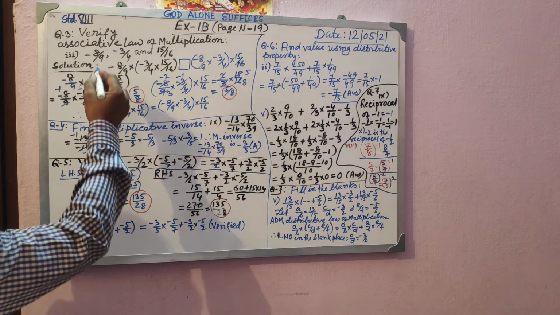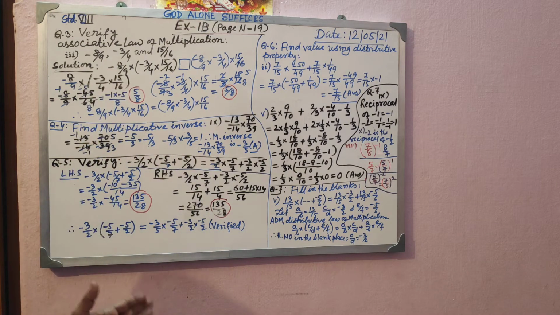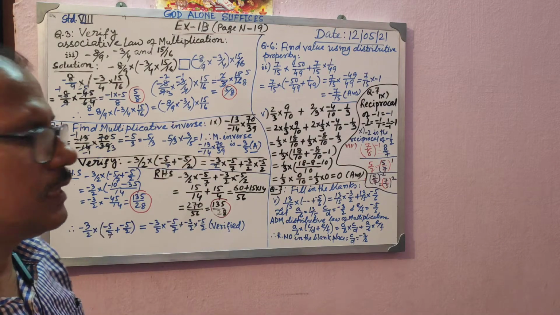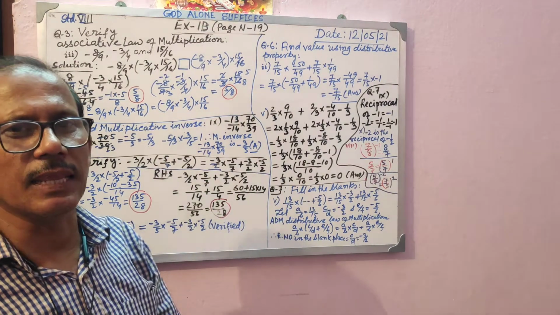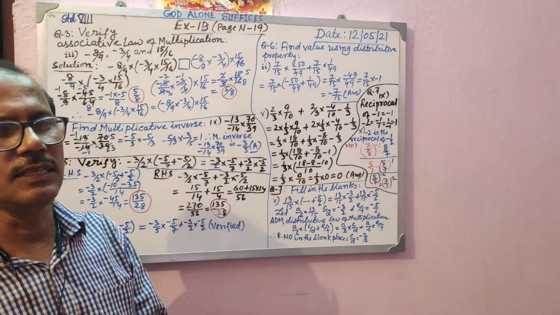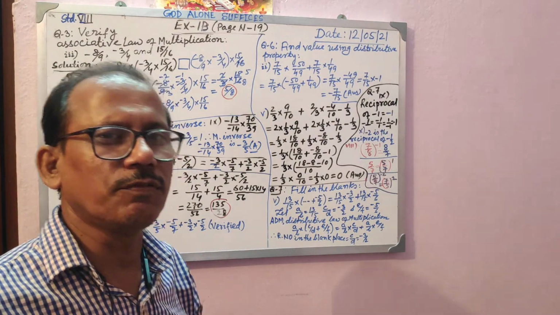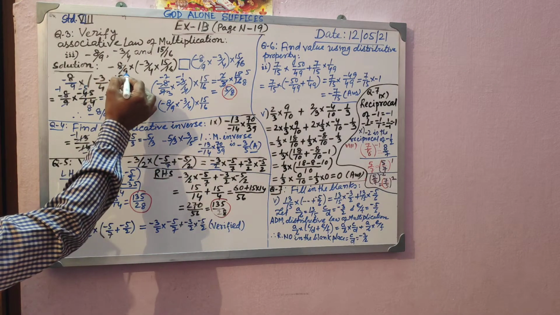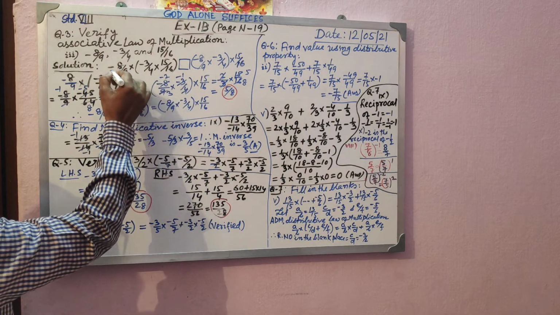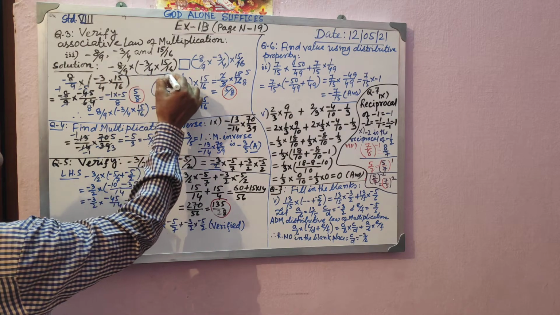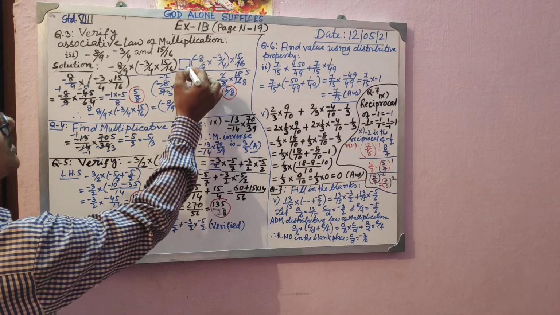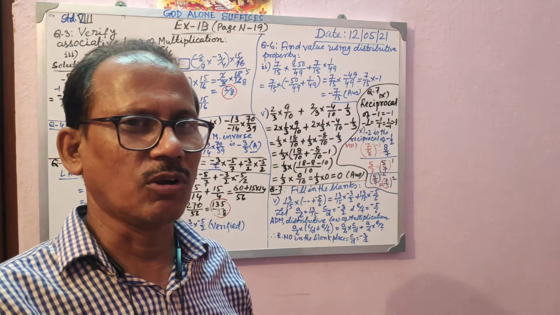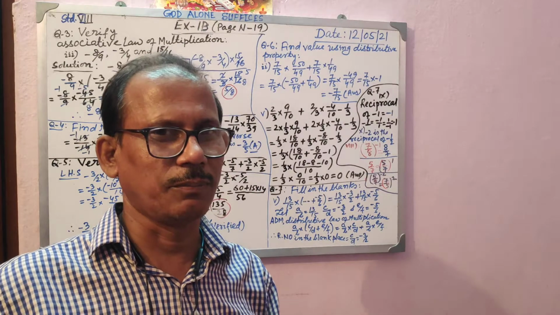The associative law is a by b multiplied by, within brackets, c by d into e by f, should be equal to, within brackets, a by b into c by d, multiplied with e by f. That is what you have to do. You write down the formula with these three rational numbers, how you frame the formula, which you have done already. Let us see whether they are equal or not. Simply don't put equal to just because of the law. You have to prove it mathematically.